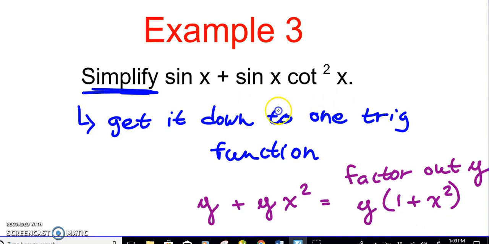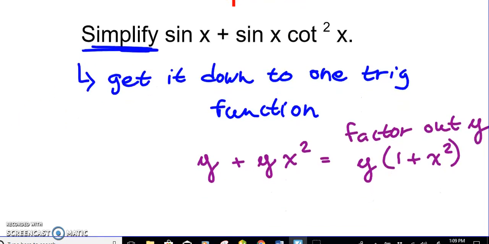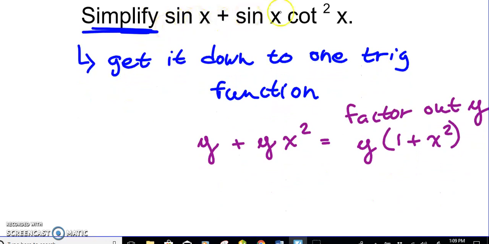You can do the same thing with sine, cosine, tangent, any trig function. So here, that's what we're going to do. We're going to factor out that portion. So I'm going to write this again: sine x plus sine x cotangent squared x.